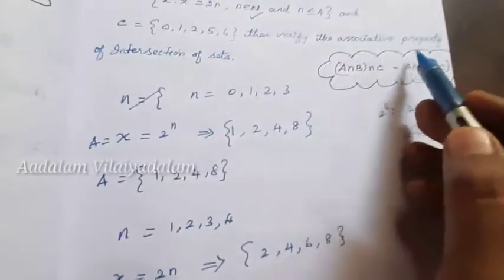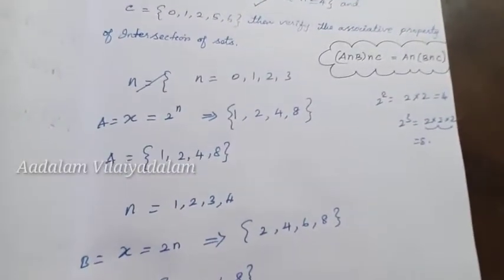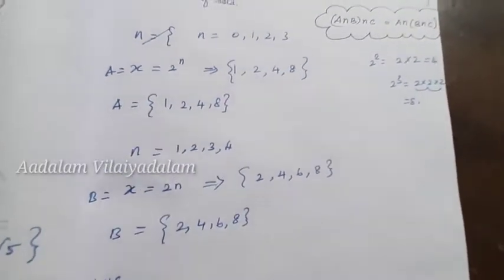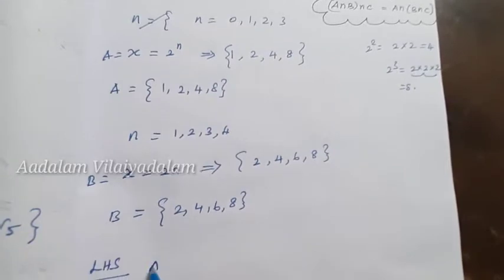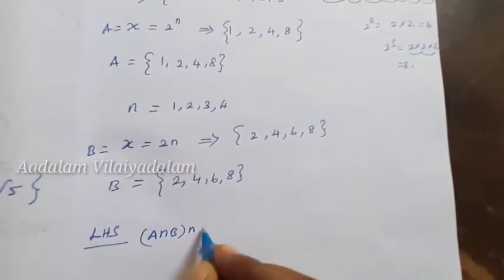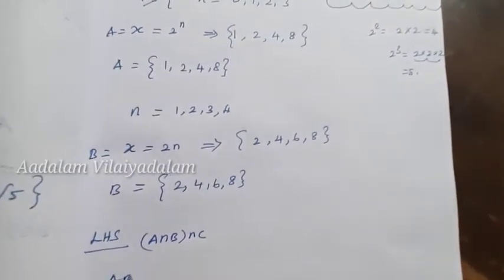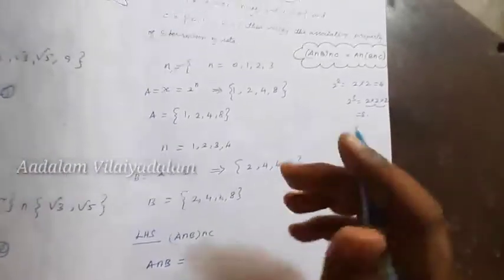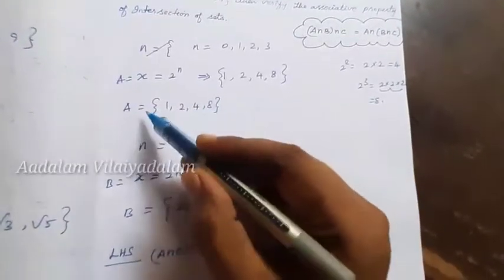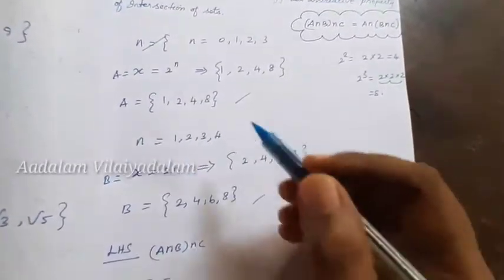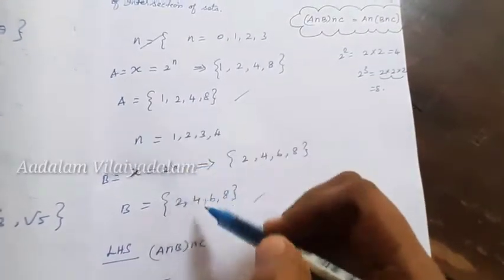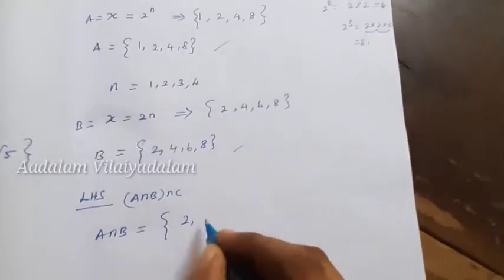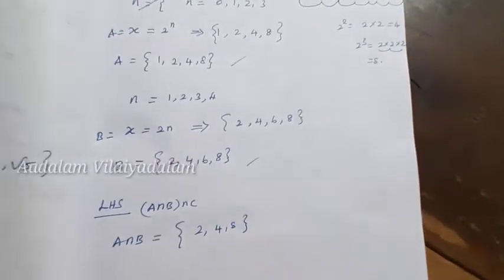Now we are going to verify the associative property. Let's take LHS equal to (A intersection B) intersection C. So let's find A intersection B, that is common between A and B. So 2, 4, 8 are the common elements.